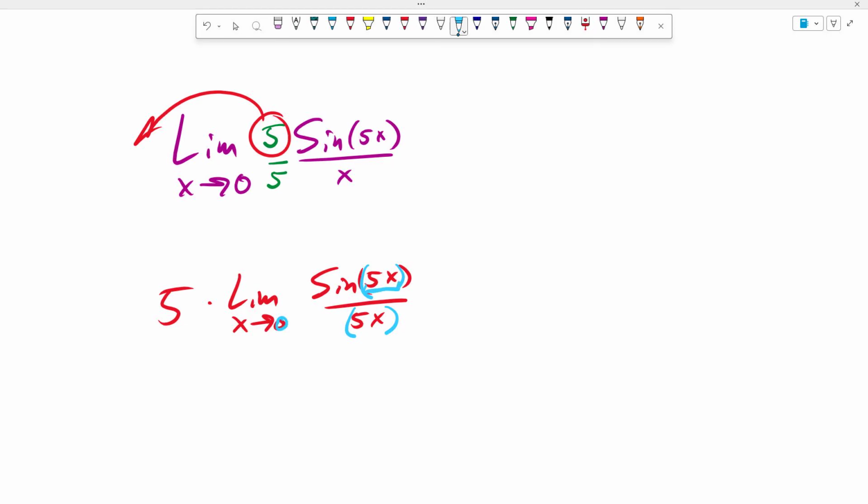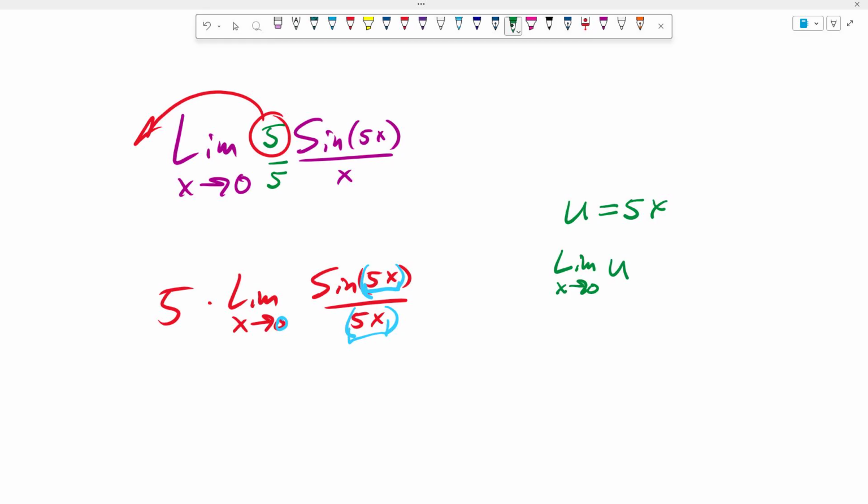If you wanted to, you could let u be 5x, and the limit as x goes to 0 of u also goes to 0, and you end up with something like this.